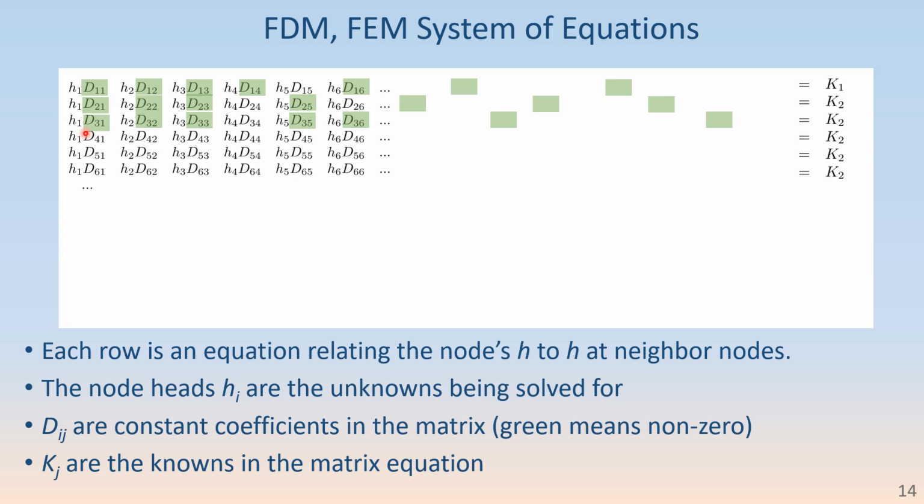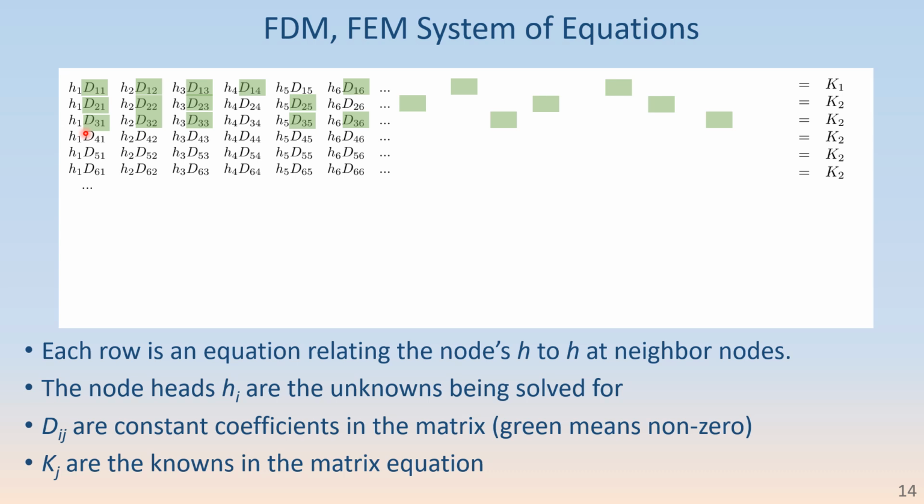So what you end up with in the finite difference finite element method system are sparse matrices where most of the D coefficients are 0, and you have maybe 7 to 10 or 15 non-zero coefficients.